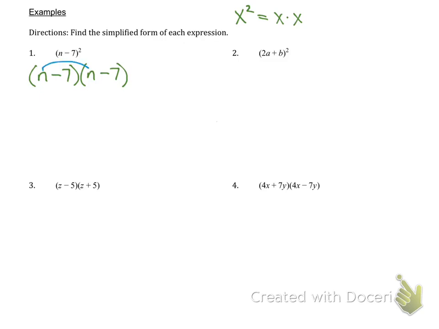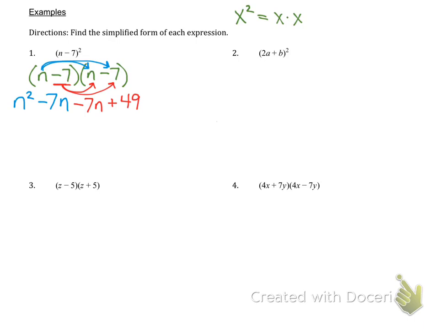So we have n times n, which is n squared. N times a negative 7 is a negative 7n. And now I'm going to move to the second number, which is a negative 7, and multiply that by everything in the second set of parentheses. So negative 7 times n is a negative 7n. And negative 7 times a negative 7 is a positive 49.